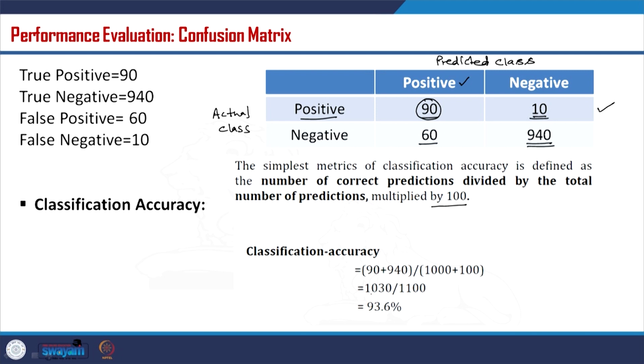So, it becomes 1030 divided by 1100 into 100 in terms of percentage. It comes out to be equal to 93.6%. So, this is the classification accuracy if we have this kind of performance. We are taking this hypothetical case here. Okay. So, 93.6% is my classification accuracy.